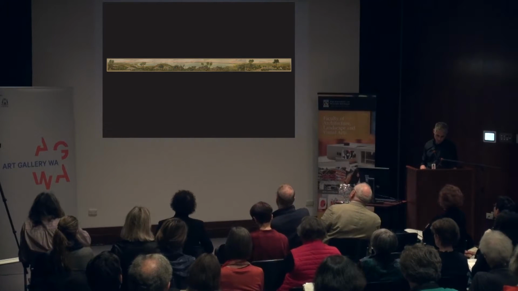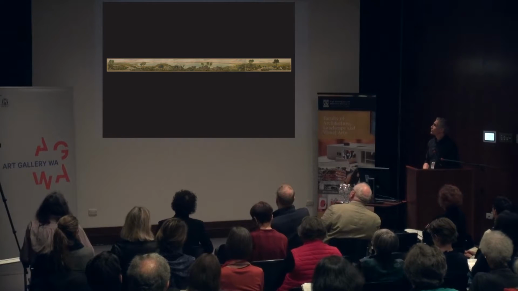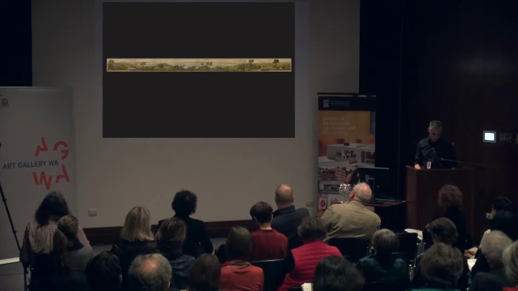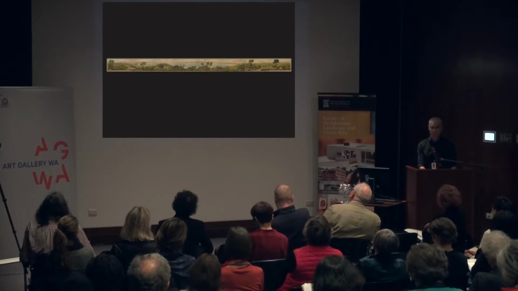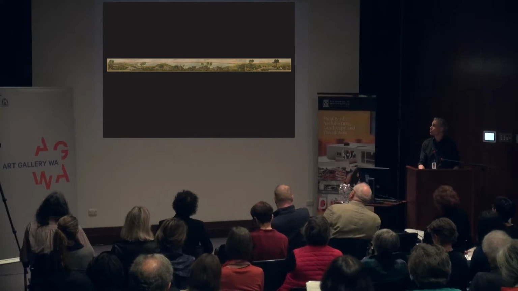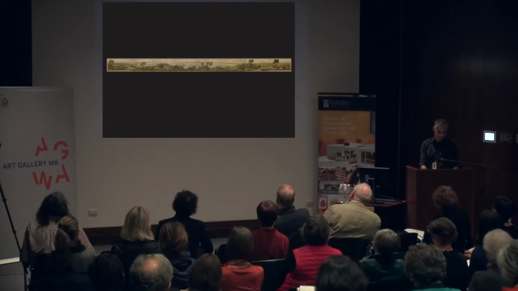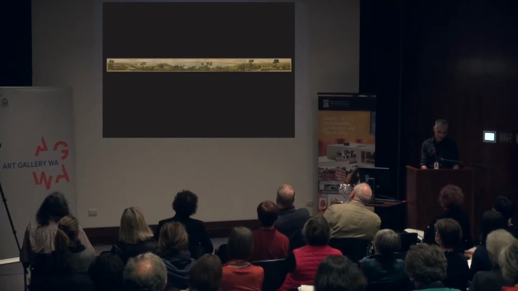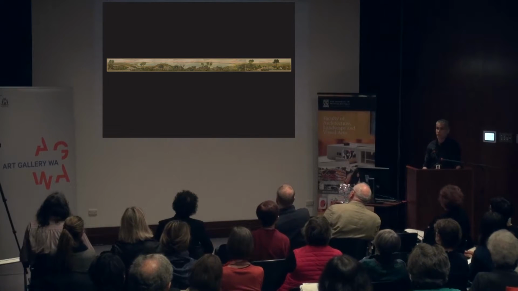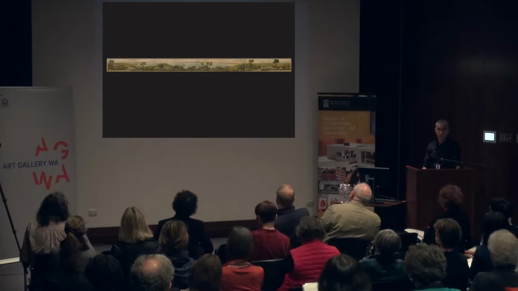Okay, this is Panoramic View of King George Sound by Robert Dale and Robert Havell. It's an etching in aquatint, and at the time it was one of the most ambitious prints to be done. It's almost 3 metres long. That's how big it is. It was created from drawings that Robert Dale had done in the King George Sound area.